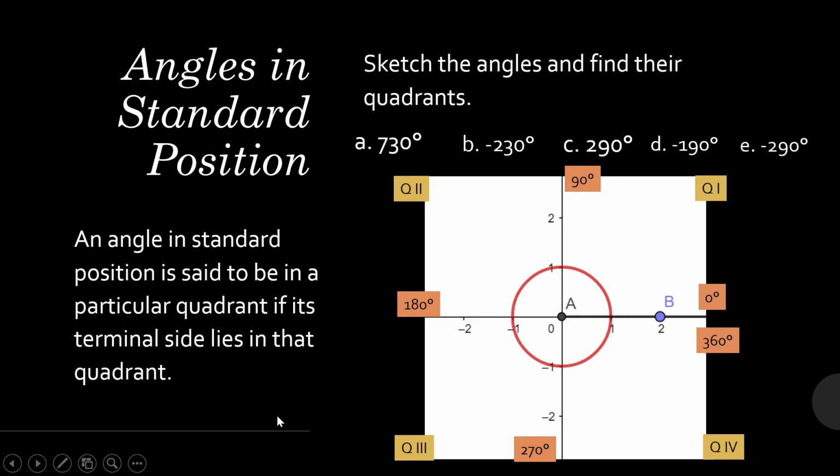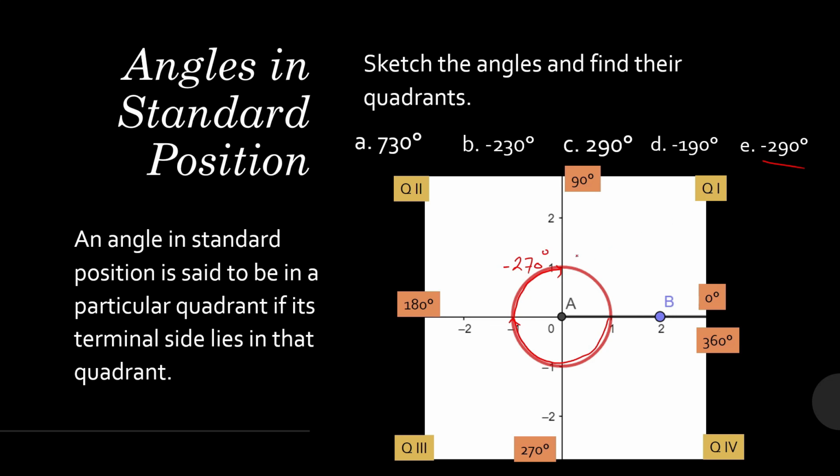How about negative 290 degrees? Again, it is going to be in the clockwise direction. One half of a full revolution is negative 180 degrees. 3/4 of a complete revolution clockwise is negative 270 degrees. But we are aiming for a negative 290 degree angle.